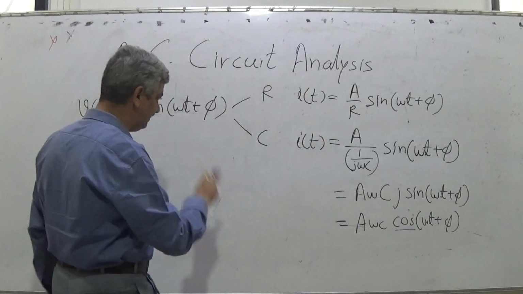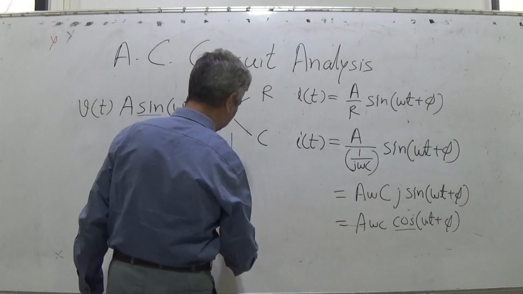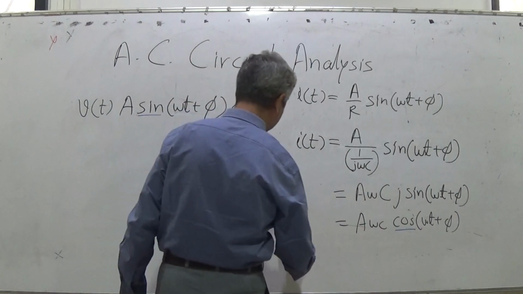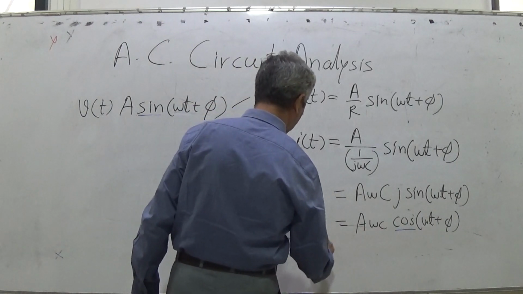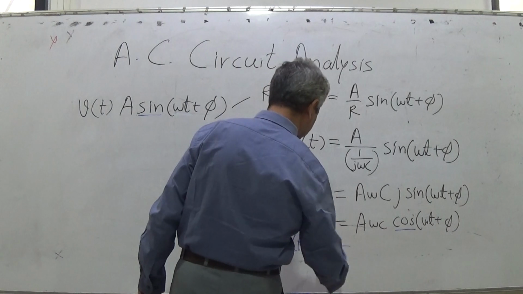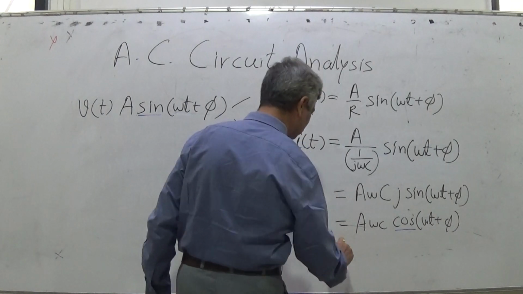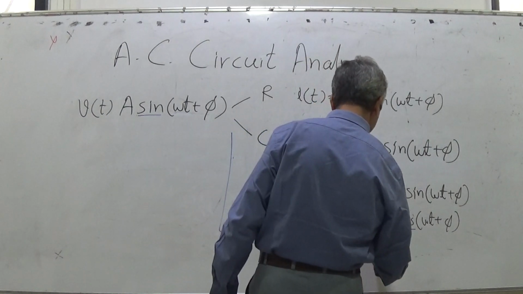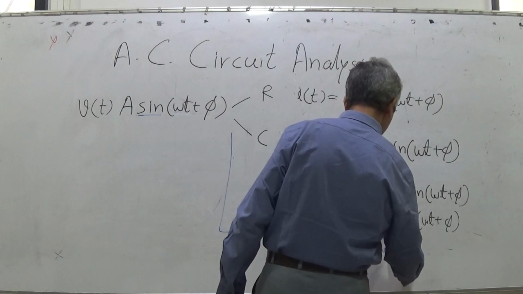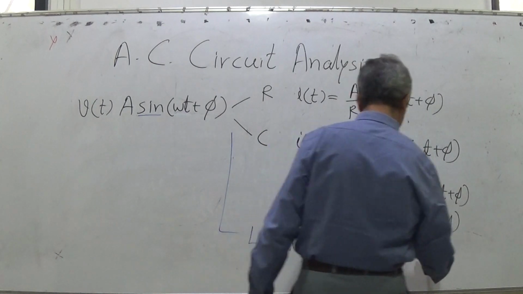And for inductor L, what we get, I(t) is equal to A upon j omega L sine omega t plus phi.